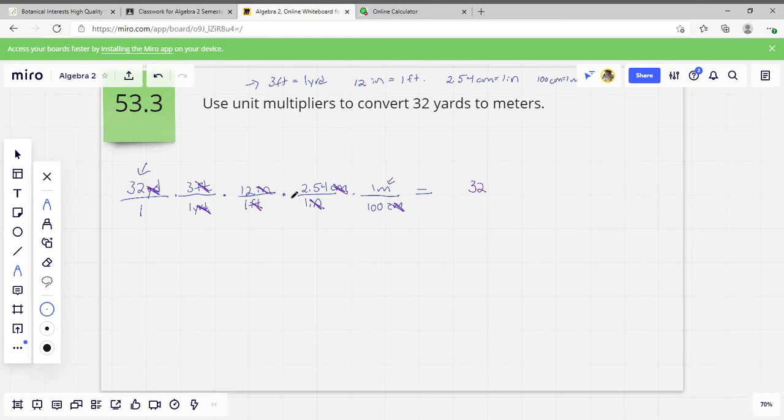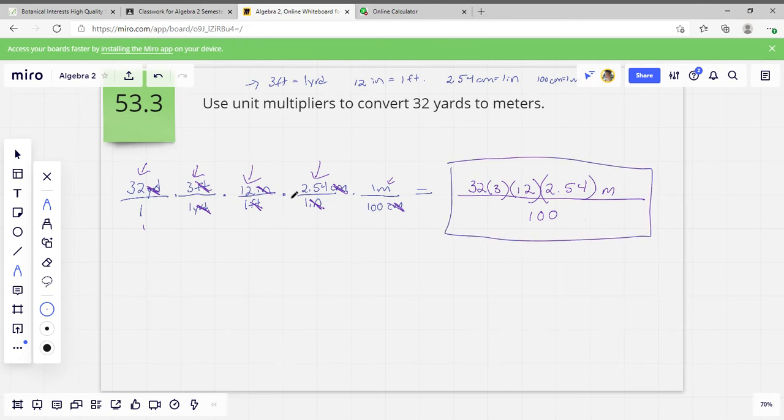Alright, I've got 32, then I've got 3, right there. Then I've got 12 right there. Then I've got 2.54. Alright, then I've got meters. There we go. And down here I have 1 times 1 times 1 times 1, and then I've got 100. Alright, and they do not require you to multiply all that out. You can write your answer just like that. That's a perfectly acceptable answer. You don't have to multiply any of it.